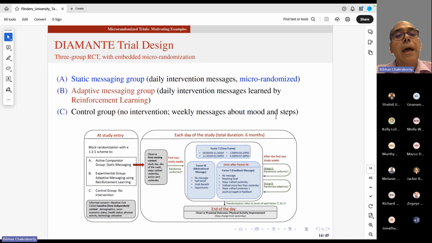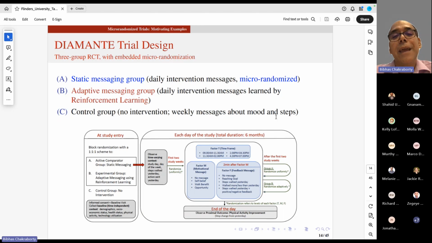And then there is a static messaging group and an adaptive messaging group. So the static messaging group, they get daily intervention messages, which are purely micro-randomized. And then there is a second group, group B, which is the adaptive messaging group.